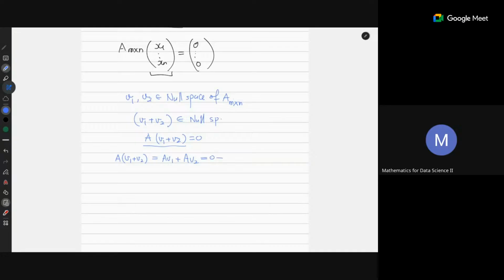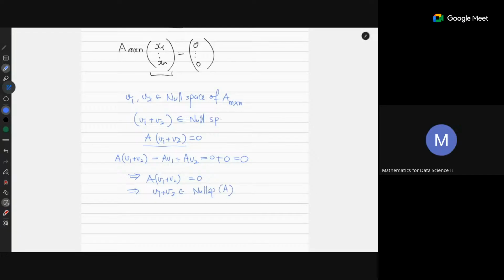What about Av2? Again 0. So that implies that Av1 plus Av2 is also 0, which implies that v1 plus v2 is in the null space.